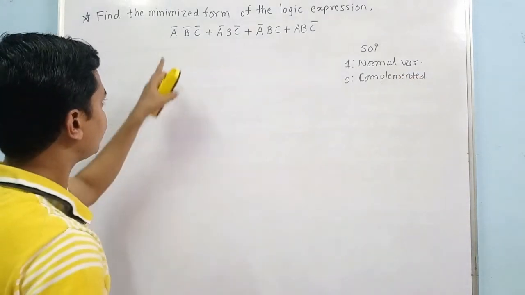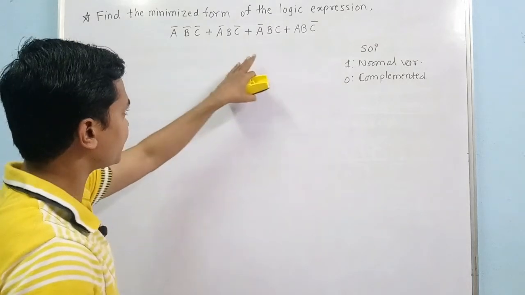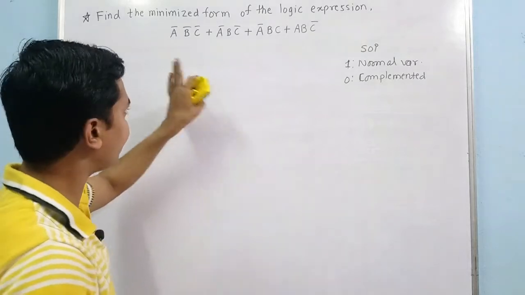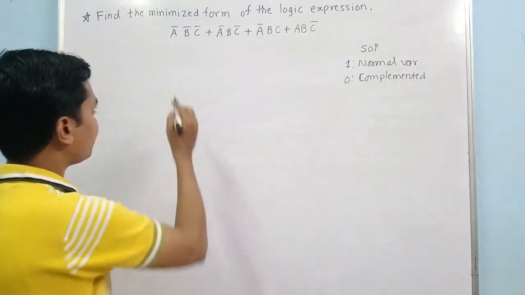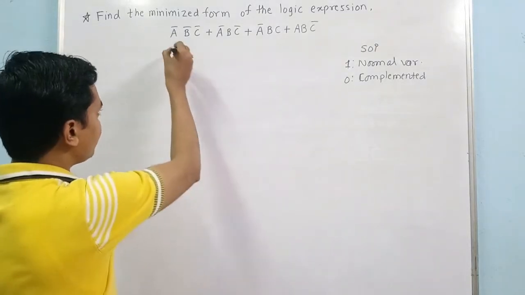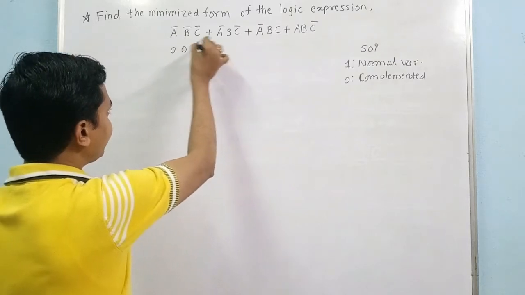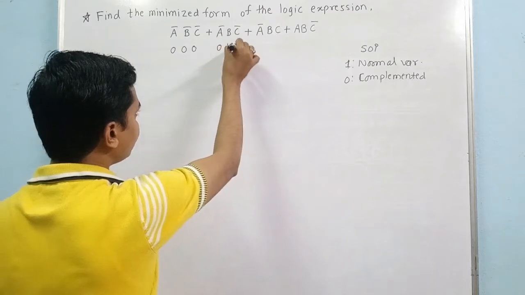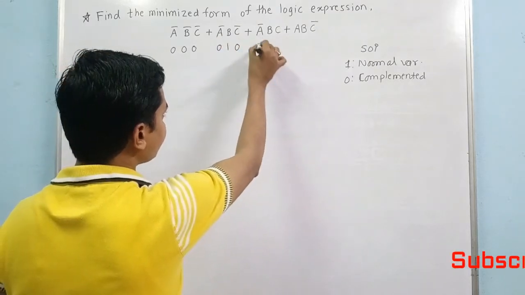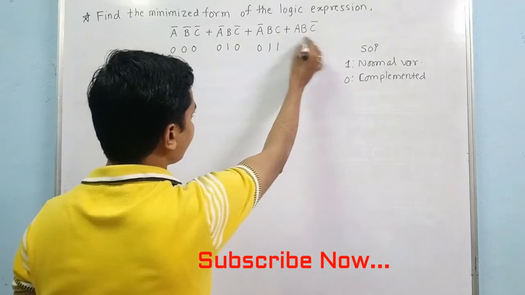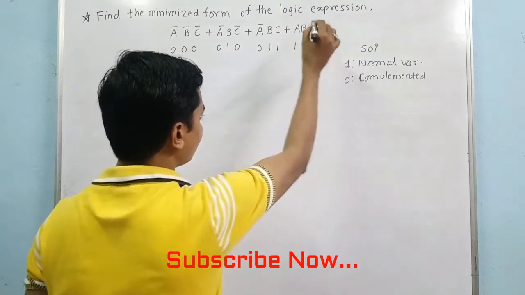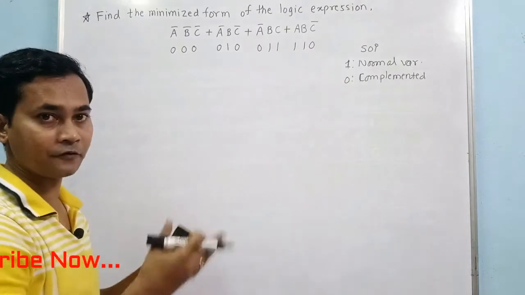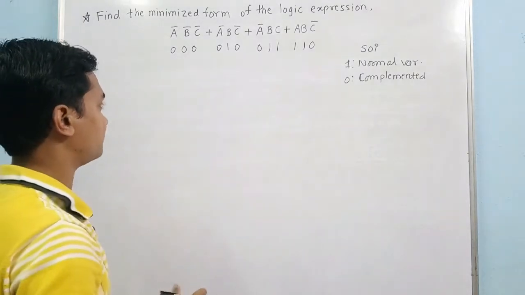In this expression only 3 variables are given, that is a, b and c. So for a complemented variable write 0, and for a normal variable write 1. Here 0 1 0 for this term, 0 1 1 for this term, 1 1 0. So we have written the binary equivalent of each product term.